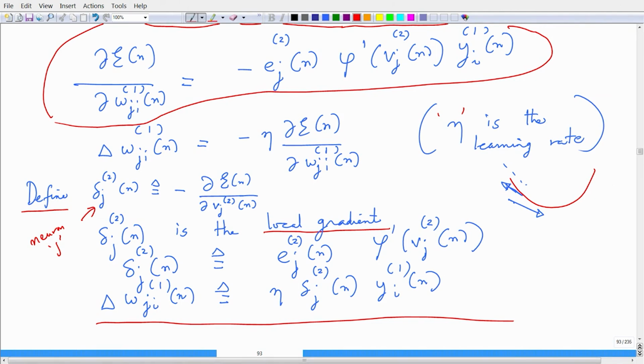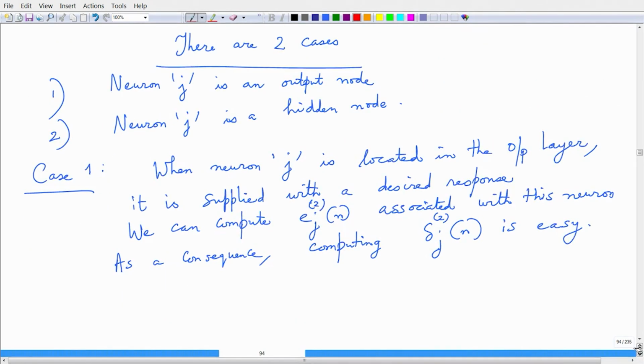Now, we should proceed further. There are two cases. As I mentioned earlier, neurons can be in the output node as well as in the hidden layers. Since we are discussing throughout with a single layer of hidden neurons, we can have only two cases: neuron j is an output node, or neuron j is a hidden node.